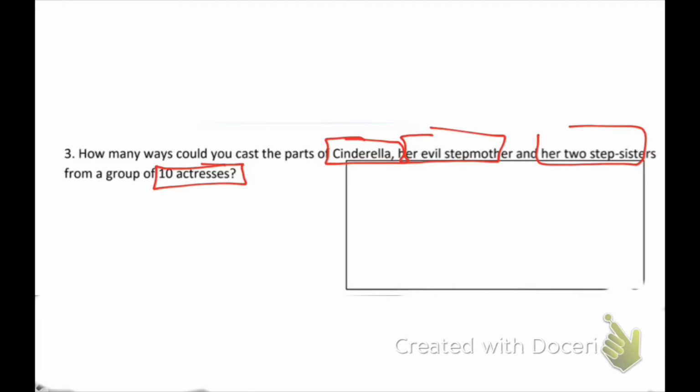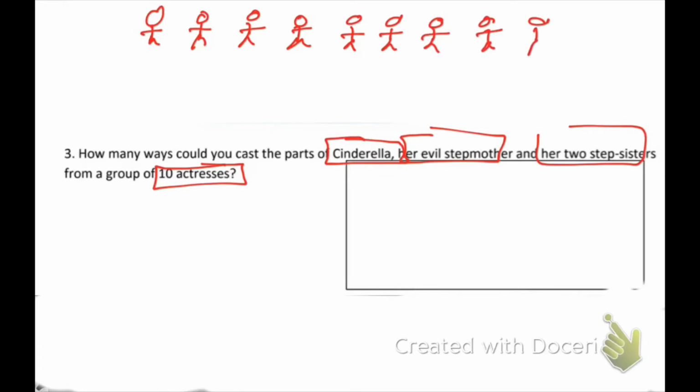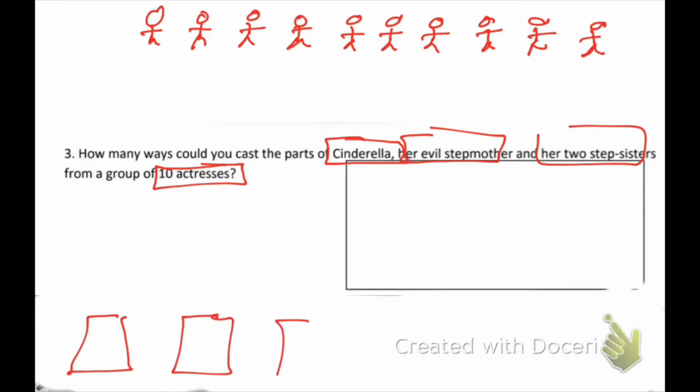So the way to picture this is you have 10 people, 2, 3, 4, 5, 6, 7, 8, 9, and 10. So you have 10 people, and you only have 4 different spots open. Okay. So that's kind of the picture you can think of to start with.